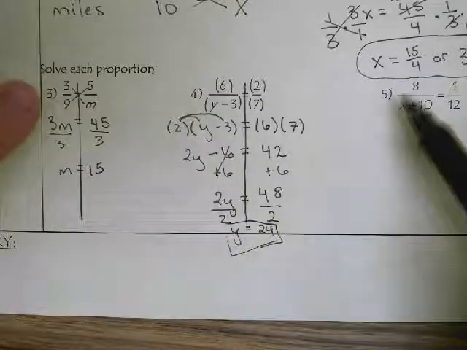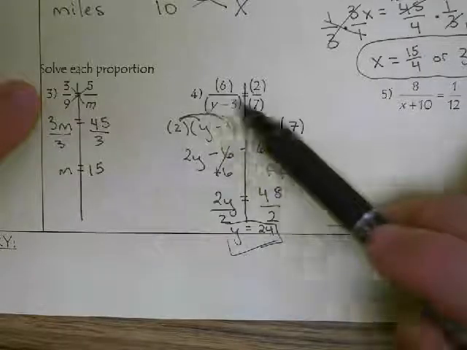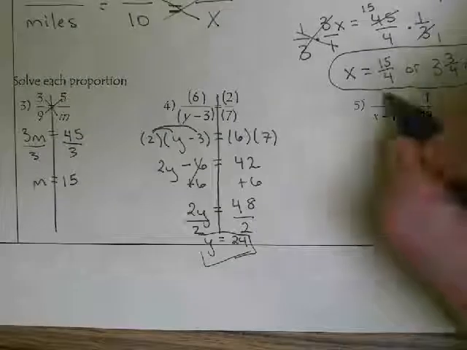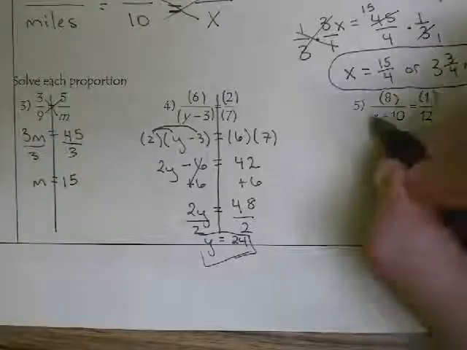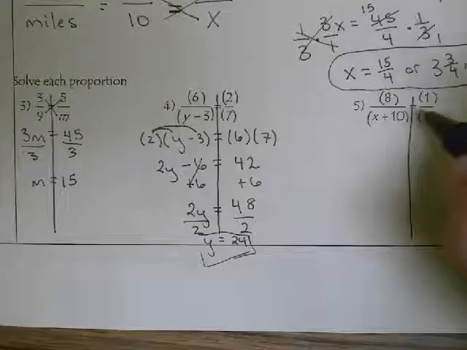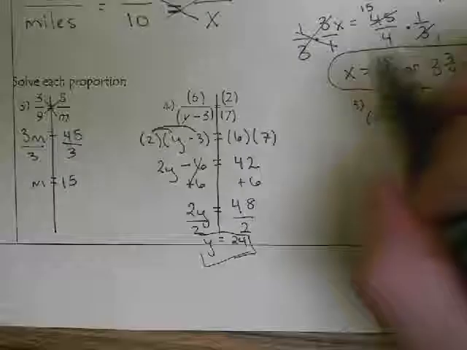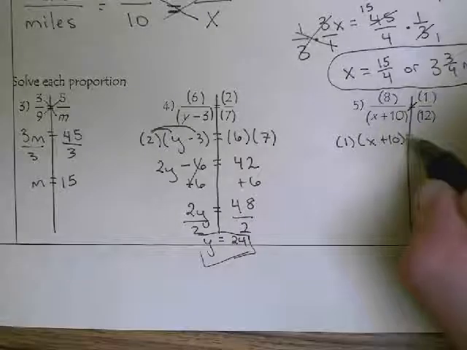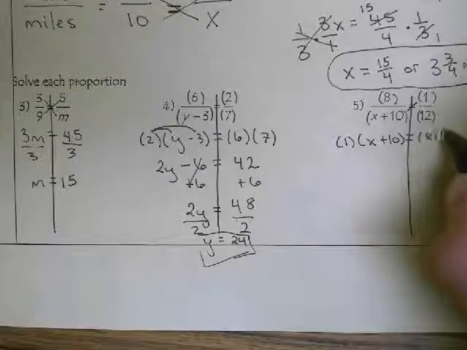Now number 5, remember, we want to put in our parentheses. If we add in our parentheses, we'll decrease our chance for mistakes. So let's add in our parentheses, and we'll cross product with our variable first. So I have 1 times (x plus 10) is equal to 8 times 12.